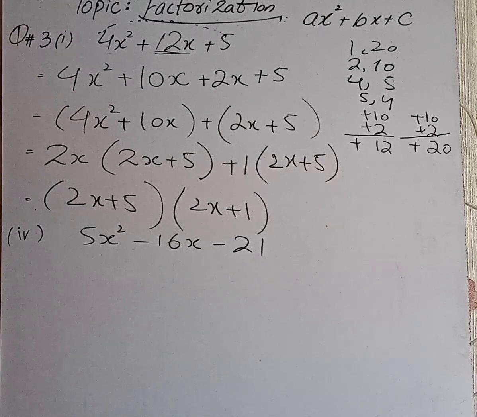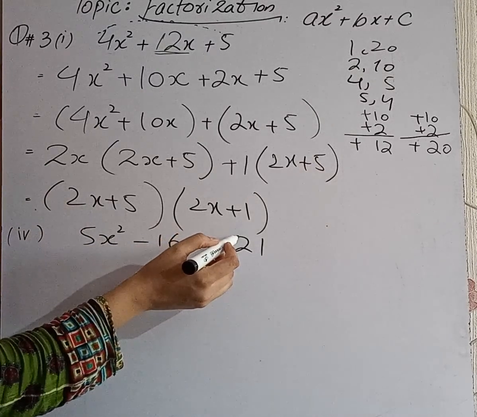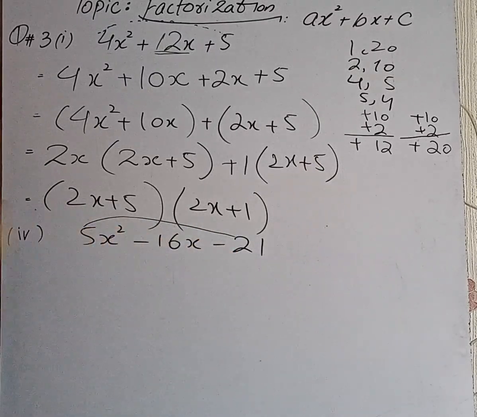Okay guys, after parts 2 and 3 we are going to solve part 4, because I hope all these parts are the same, so I will solve a few for you. Again the same rule I am going to use: the constant term multiplied by the coefficient of x squared, 21 times 5, equals 105.